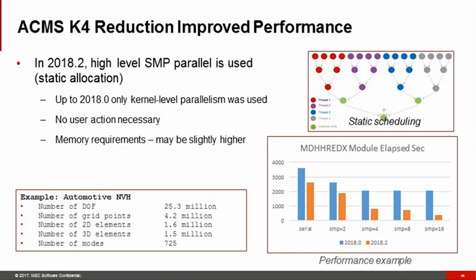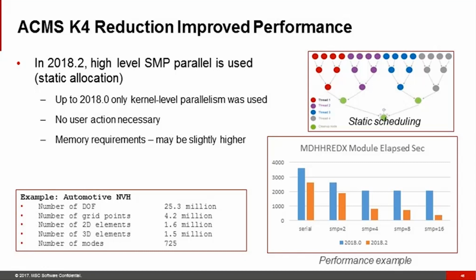In 2018.2, we've improved the performance of ACMS to increase user productivity. As you can see here, a static scheduling method was used, which assigns the work to the parallel threads that we have. On the right-hand side, you can see this image. It shows you how the multi-threaded improvements in 2018.2 are working. This is done by default. The user does not have to make any changes.